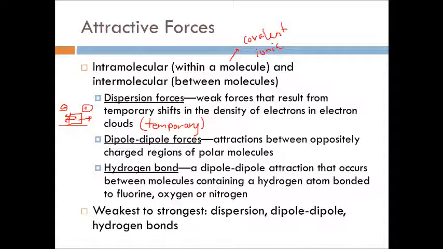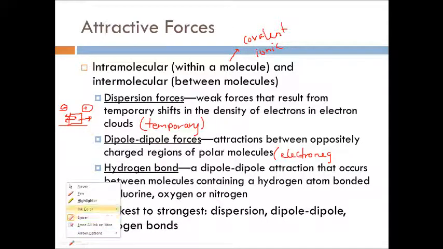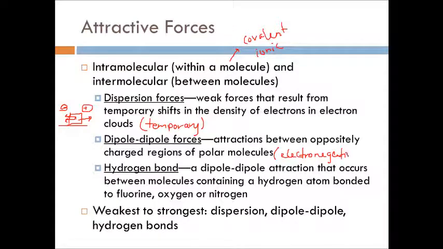A dipole-dipole, this is where we go back to our favorite word we learned last semester, electronegativity. If I can spell it correctly, let's see. Okay. Basically, electronegativity is where you have a difference in the electrons.